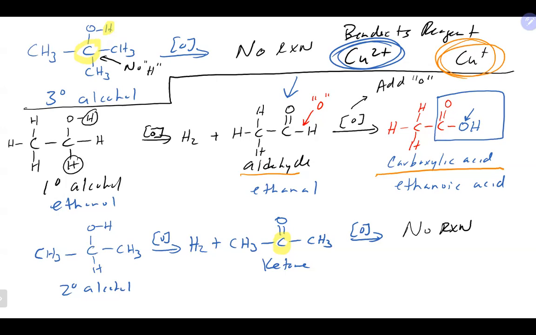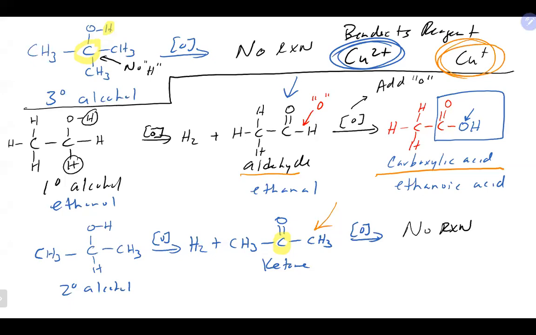If you add Benedict's reagent to, say, your ketone when you do your oxidation reaction and it stays blue, that means that obviously the copper was not reduced, neither was your ketone oxidized, and you know that that's a ketone. So that is the way in lab you're going to be able to determine the difference between a ketone and an aldehyde. There's other tests as well.